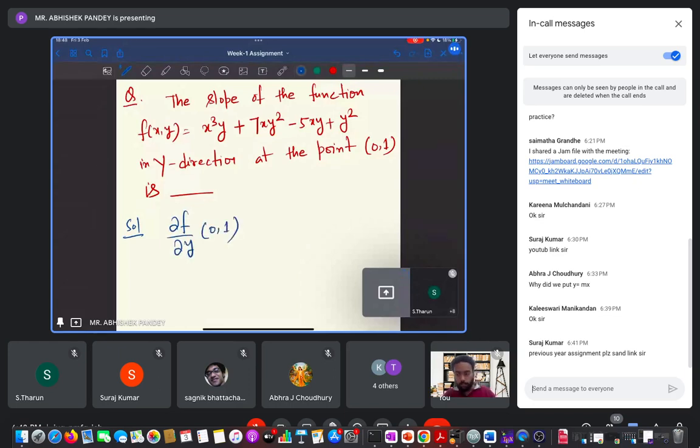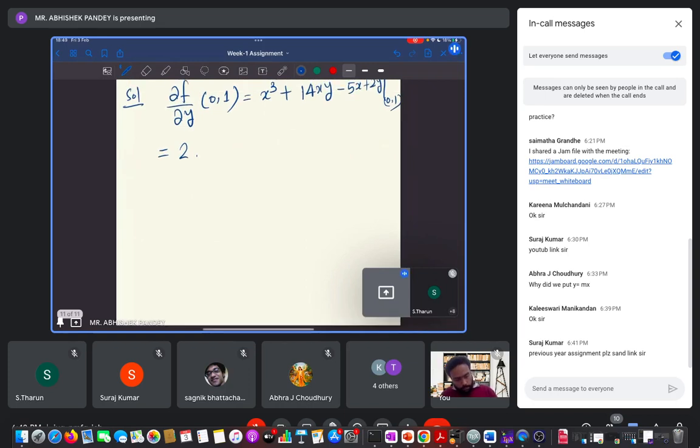So you have to partially differentiate with respect to y. So this will be x cube plus 14xy minus 5x plus 2y at the point 0 comma 1. Okay, so you will get 2 only. So the slope is 2. This is the answer. Okay, clear.